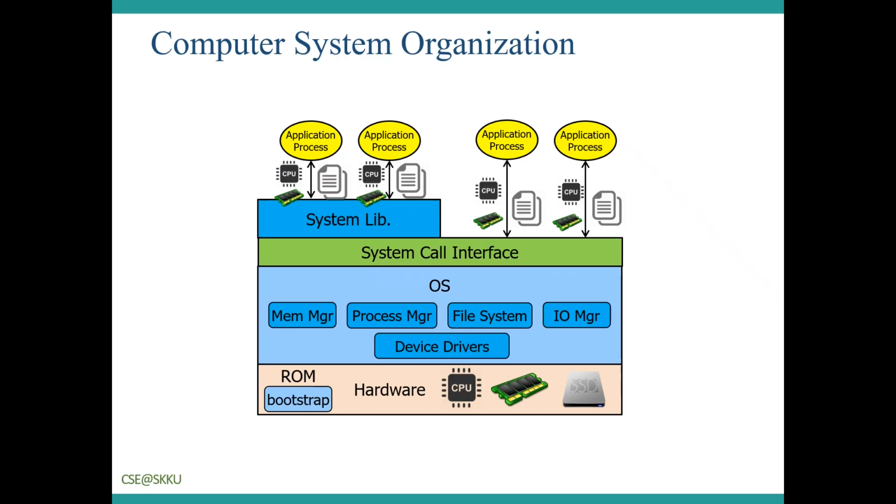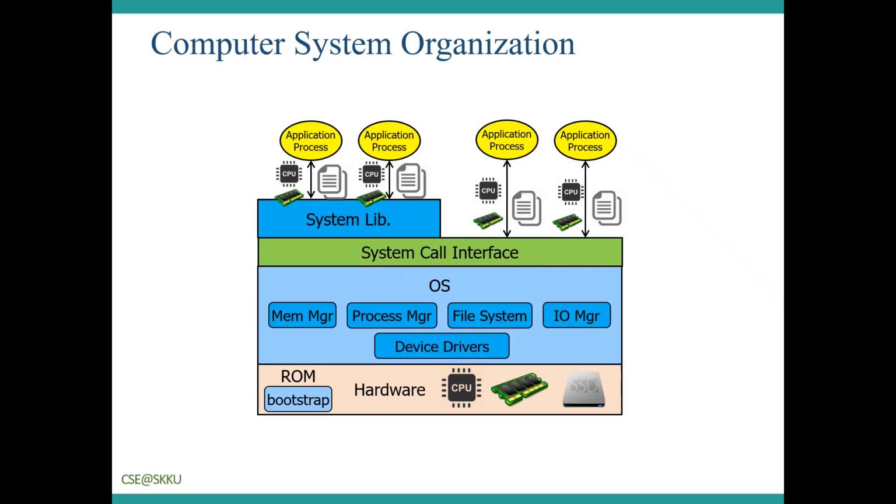This diagram shows the role of the operating system in the overall computer system. The OS has device drivers to communicate with hardware devices, and it also includes the process manager, memory manager, file system, and I/O manager. These components handle virtualization and make sure system resources like the CPU, memory, and I/O devices are managed properly.